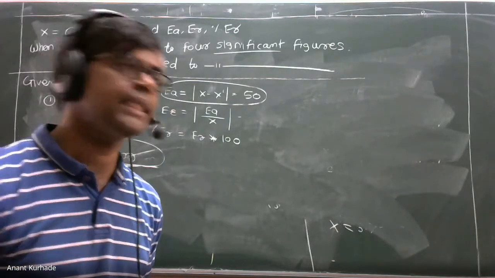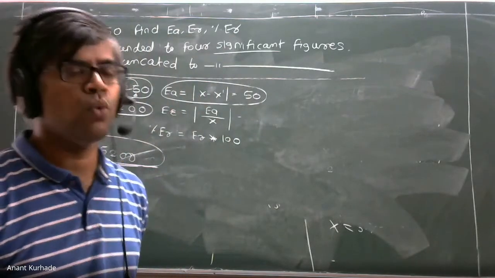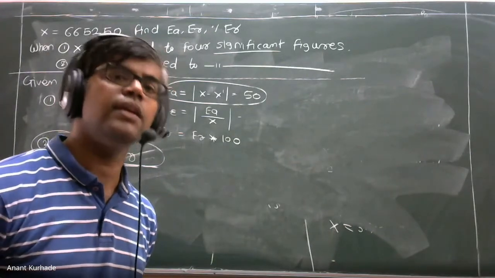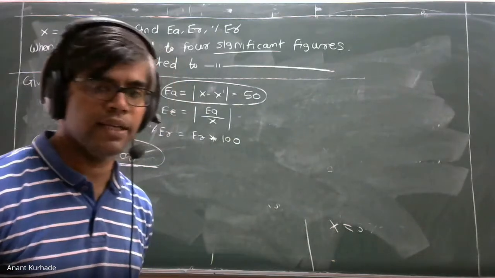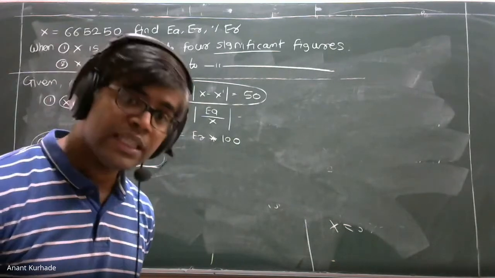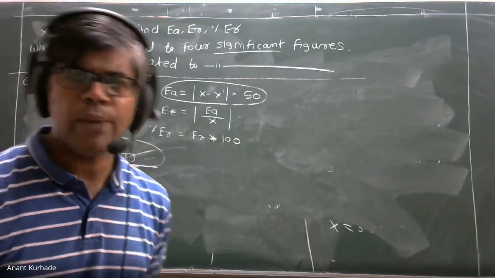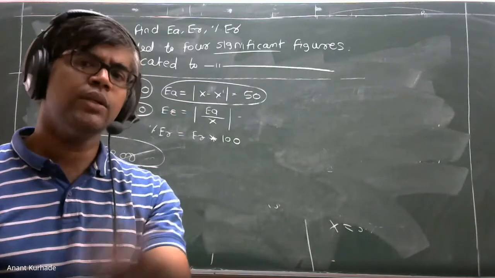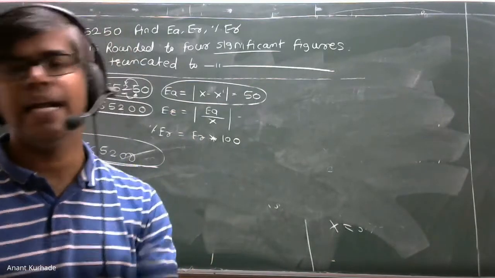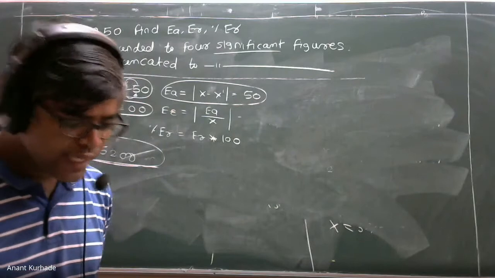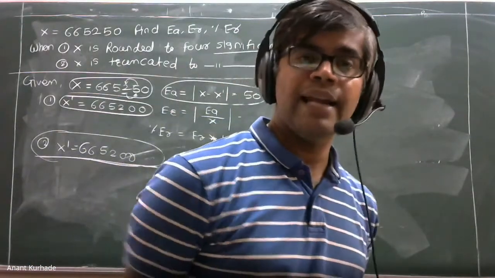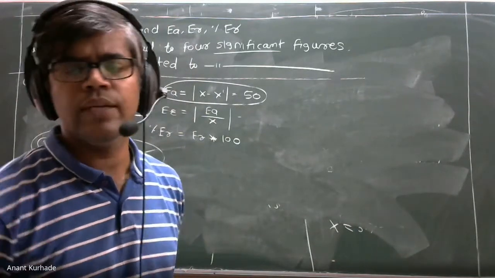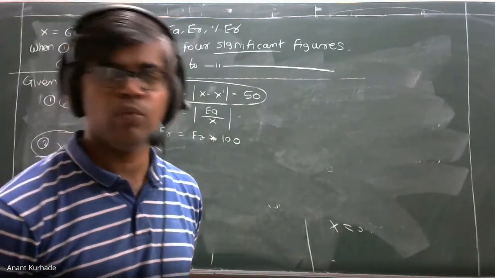If V is equal to pi by 4 d square into h, then find the error in volume of a cylinder with the following conditions. Diameter and height both are required. So you have provided the actual diameter and error in diameter, and on that basis we can easily calculate the error in volume.